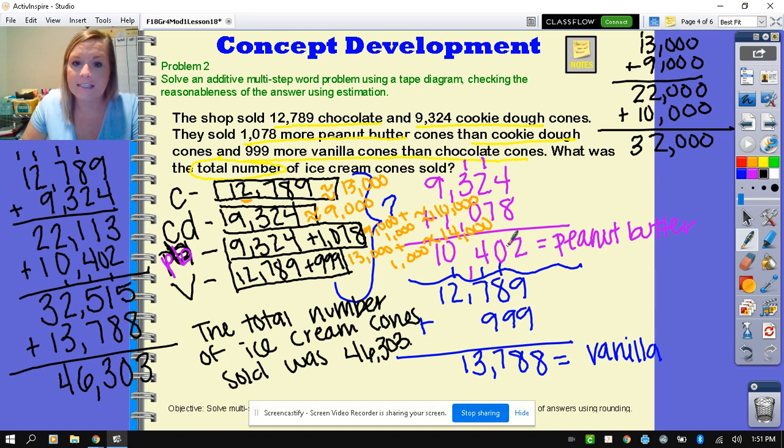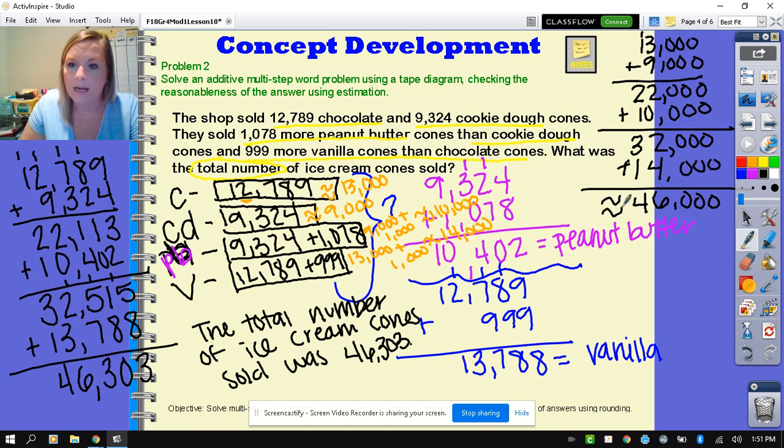Okay, and now we need to add in our vanilla, which was about 14,000. Plus 14,000. So we get 4 plus 2 is 6, and 3 plus 1 is 4. So our answer should have been at about 46,000, which we got 46,303. We were only 303 off. So I would say that our answer makes sense and is very reasonable.